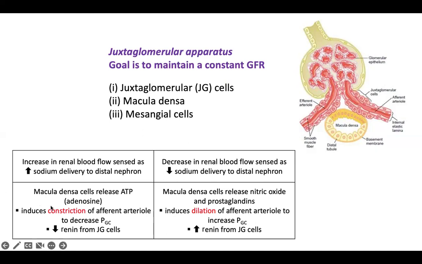So then the macula densa cells, when they sense this higher sodium concentration, will release ATP or adenosine. And this will induce constriction of the afferent arteriole to decrease the glomerular pressure, the pressure of the glomerular capillaries.